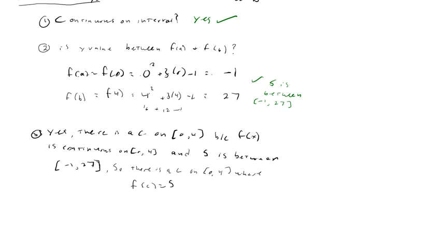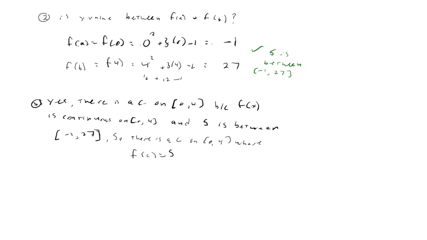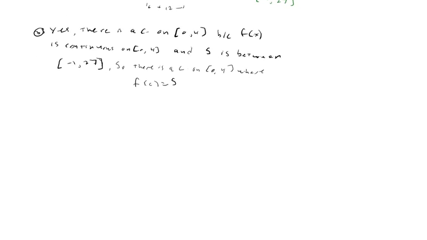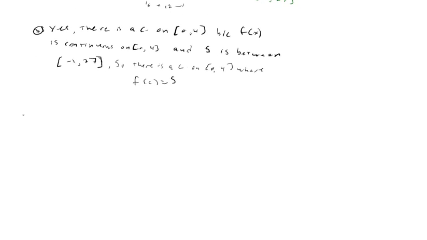Let's try another one. Okay? The equation is x squared minus 1 over x plus 1 on the interval 0 to 2.